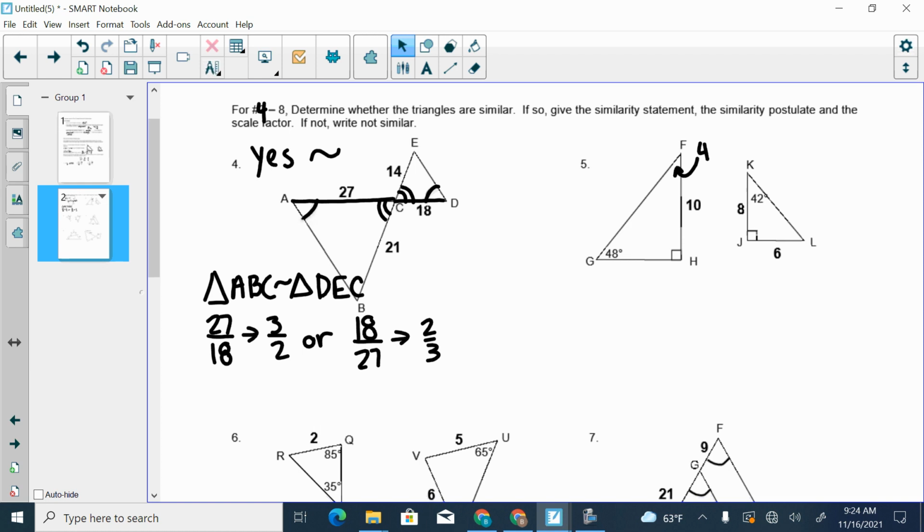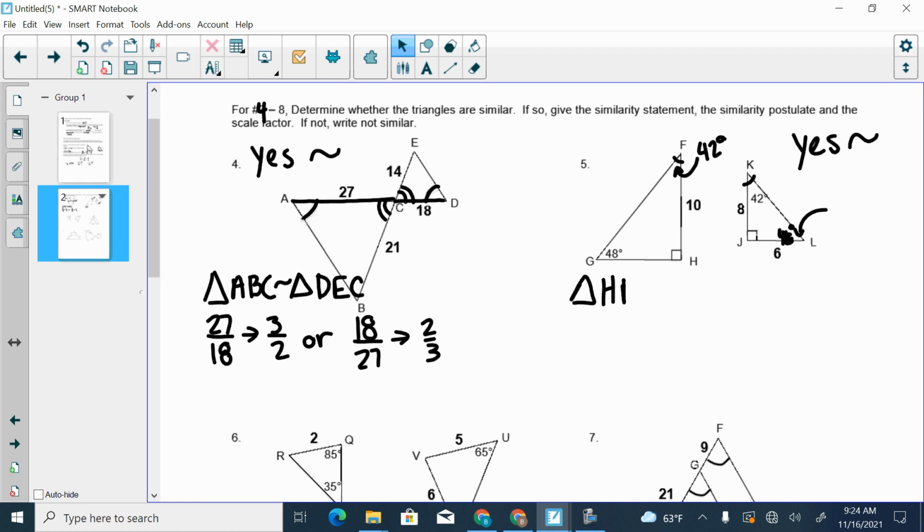So if I do that, I should get 42 degrees, which would then mean this angle and this angle are congruent, and I could do the exact same thing for this one to prove that it should be 48 degrees. So we do have 3 congruent angles, so yes, we know that these two triangles are similar. So we can go ahead and make a similarity statement.